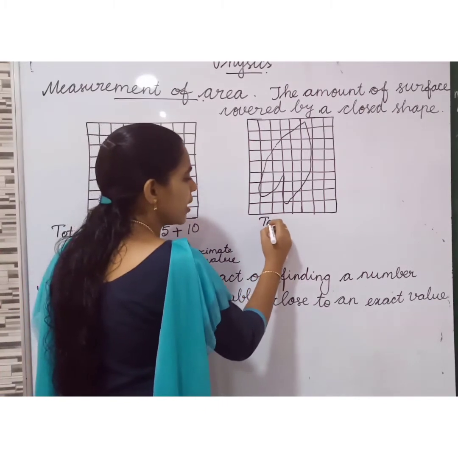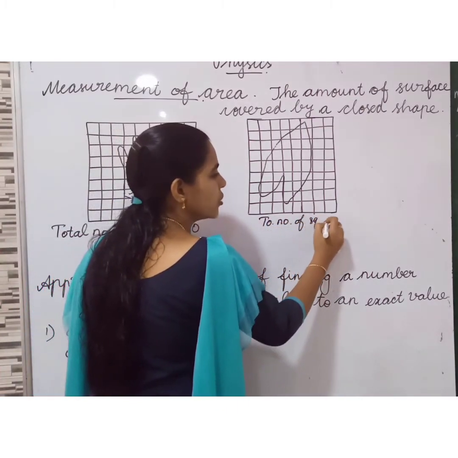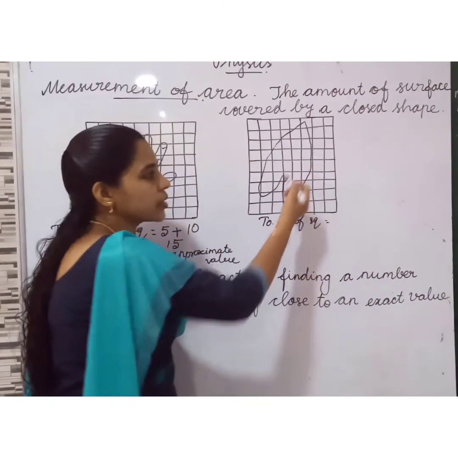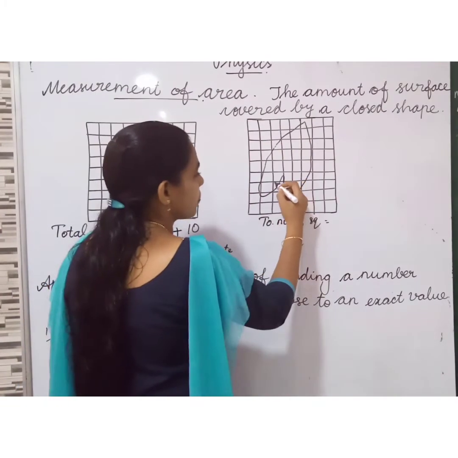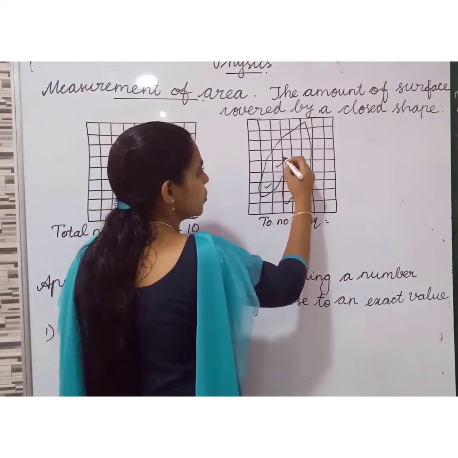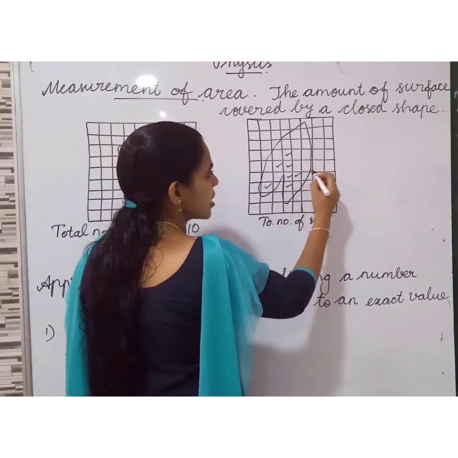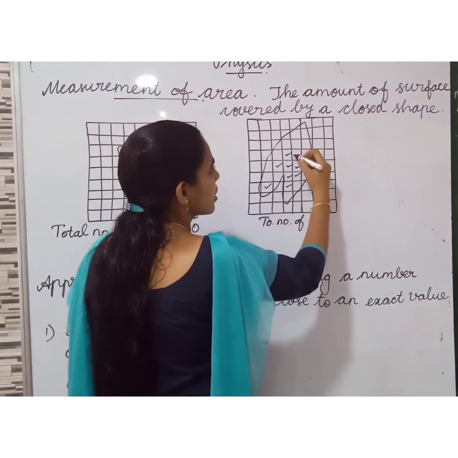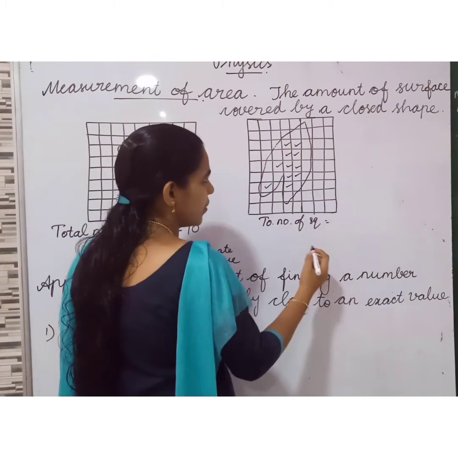Total number of squares equals, first we have to count the complete squares: 1, 2, 3, 4, 5, 6, 7, 8, 9, 10, 11.